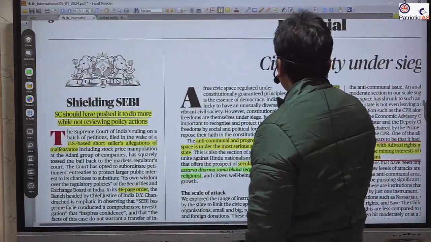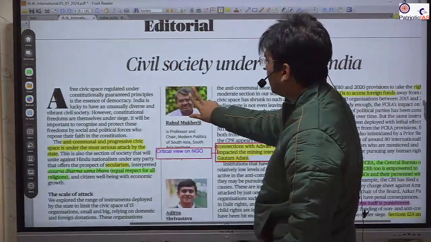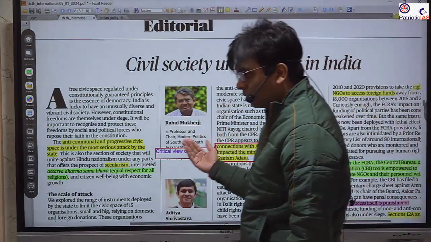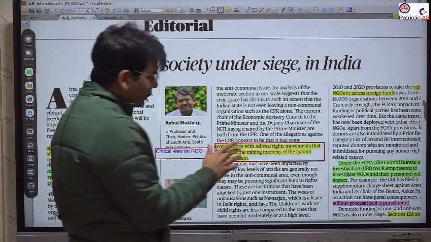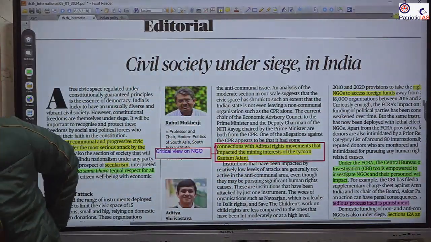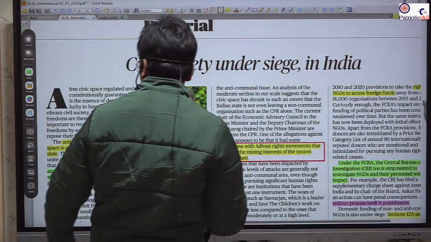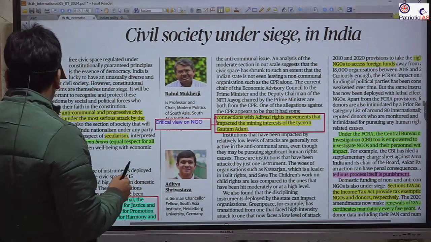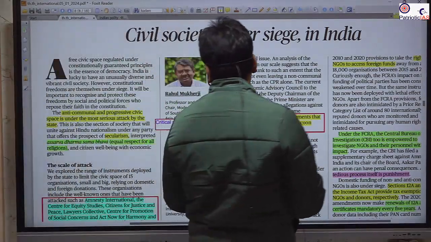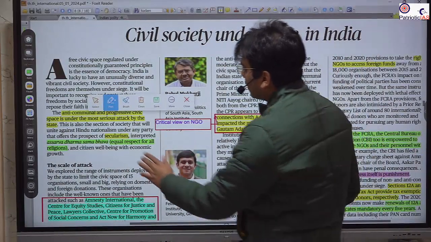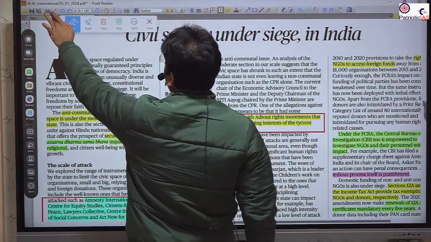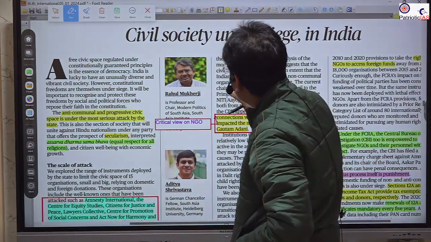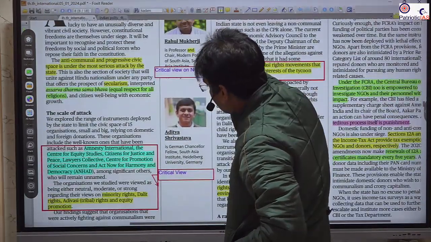This particular news article is associated with civil society and their role, how they are getting impacted. So this is a critical view. When a question comes on critical analysis of state misuse of power, the curbs on NGOs and civil society, you can use some of these points for the criticism, such as these 2 points.